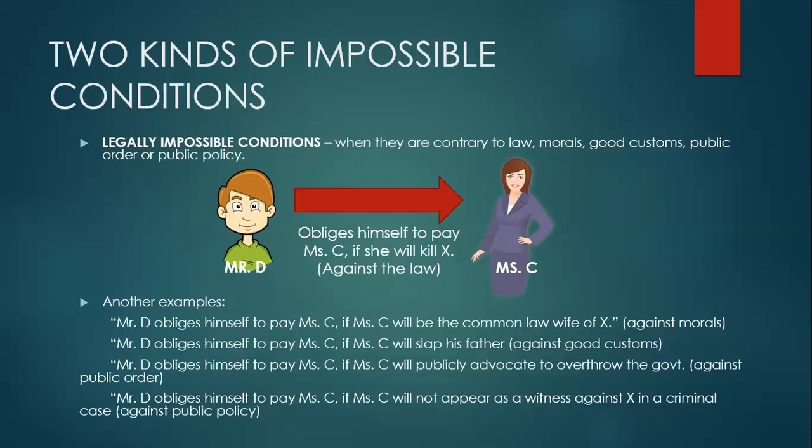Another example. So therefore, let's go back to the first example. If it is against the law, then Miss C has the legal impossibility to perform the condition.